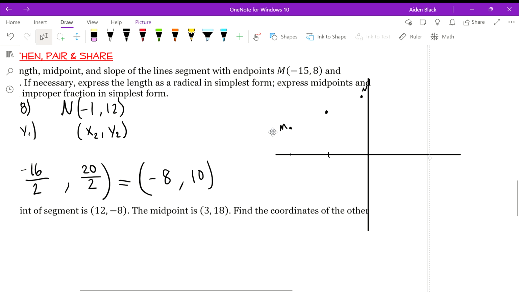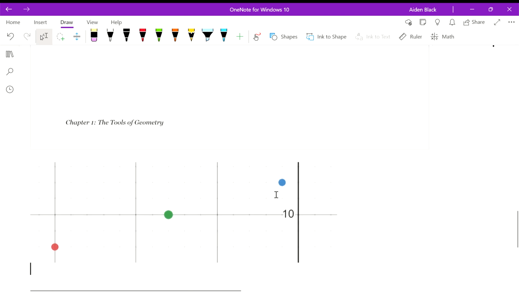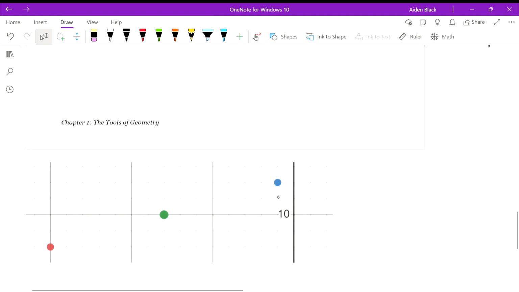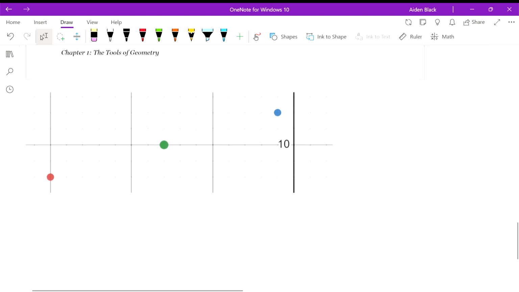We can check by showing that we have the same slope in between each point. So how many do we go up? 1, 2. And then we go to the right, so I'll say plus 2. And then we go to the right, 1, 2, 3, 4, 5, 6, 7. How many times do we go up to get to the blue?